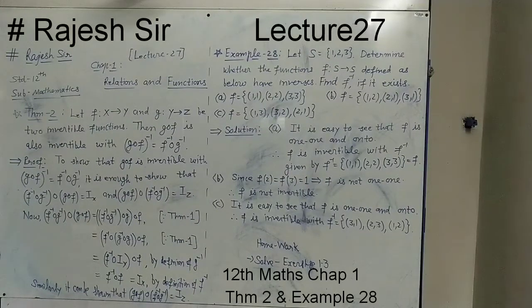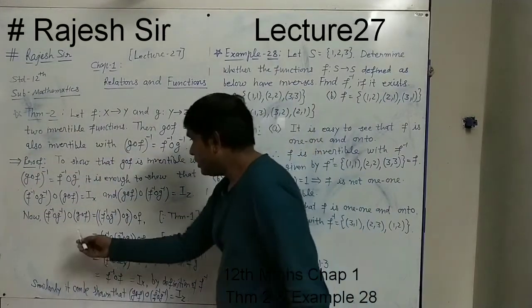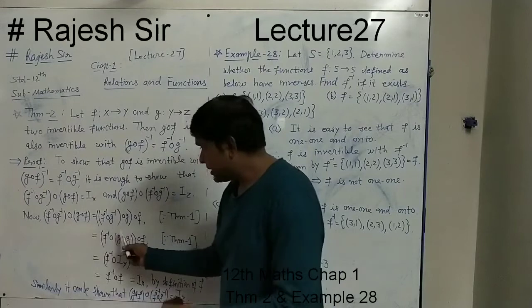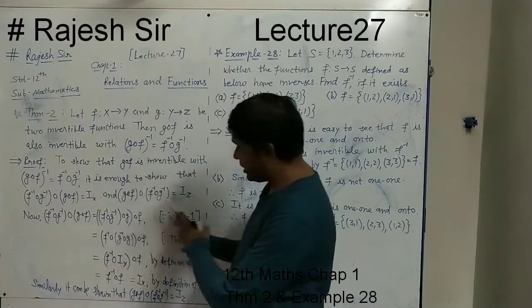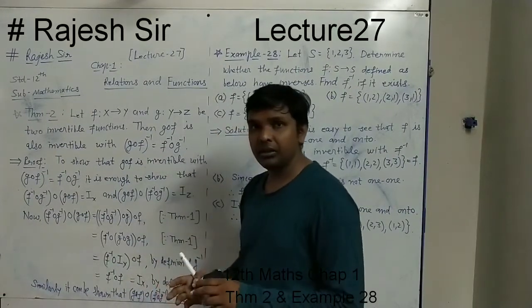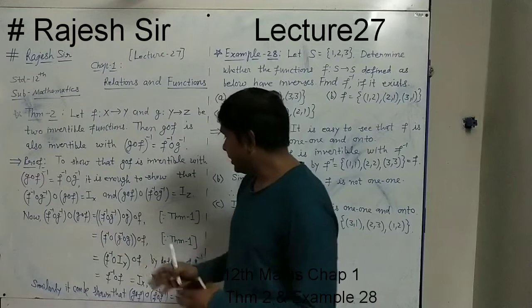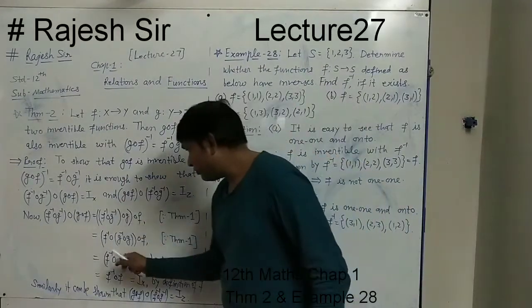This can be written as f inverse of g inverse as it is, of g in one bracket, and of f taken outside. This type of change in combined functions we can do by theorem 1, which we have seen. So this we can do.